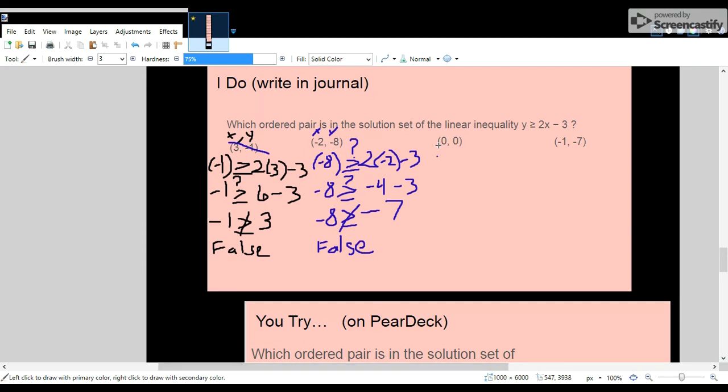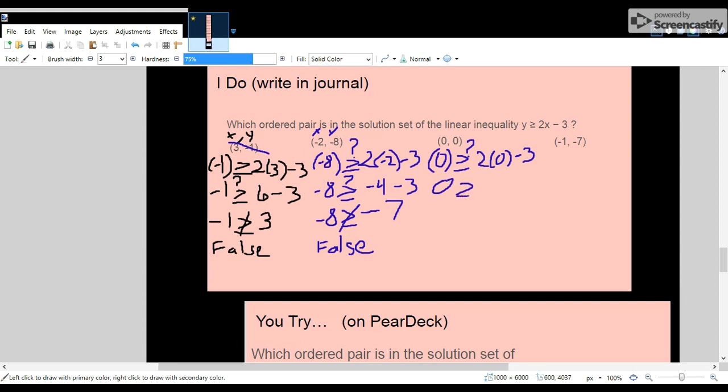Okay, let's try the next one. We'll substitute 0 in for x and y since they're both 0 here. It's the origin. So, is 0 greater than or equal to 2 times 0 minus 3?